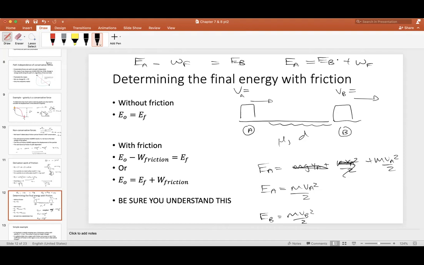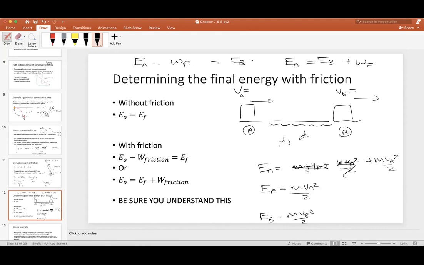This, you wouldn't necessarily think it, but this causes a ton of confusion. Essentially, your total energy that you started with becomes your final energy plus the energy lost to friction, or the energy you started with minus the work you lost to friction becomes your final energy.